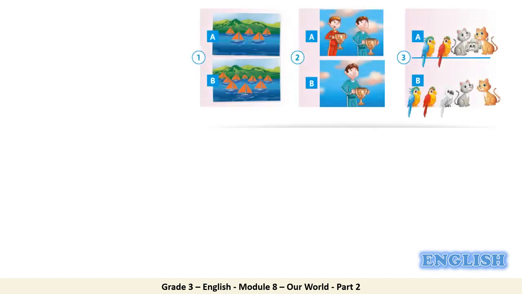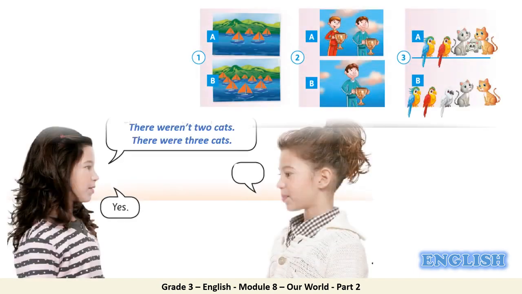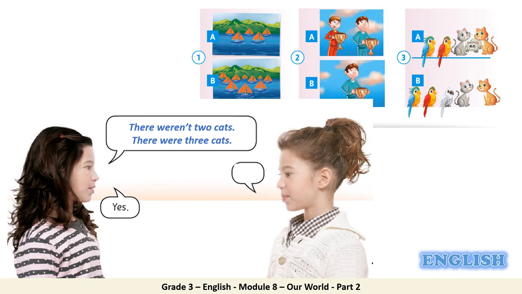Let's guess another one. The description is, there weren't 2 cats. There were 3 cats. Can you guess the correct picture? Fantastic! It's 3A. Great job, my darlings.